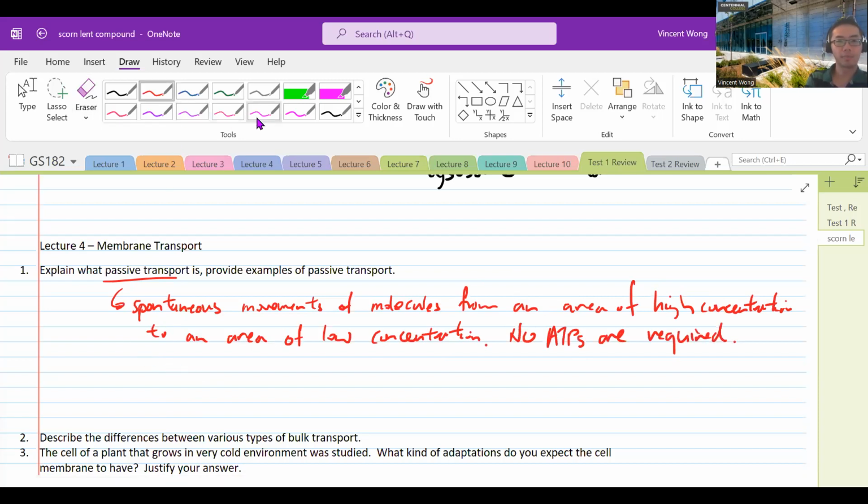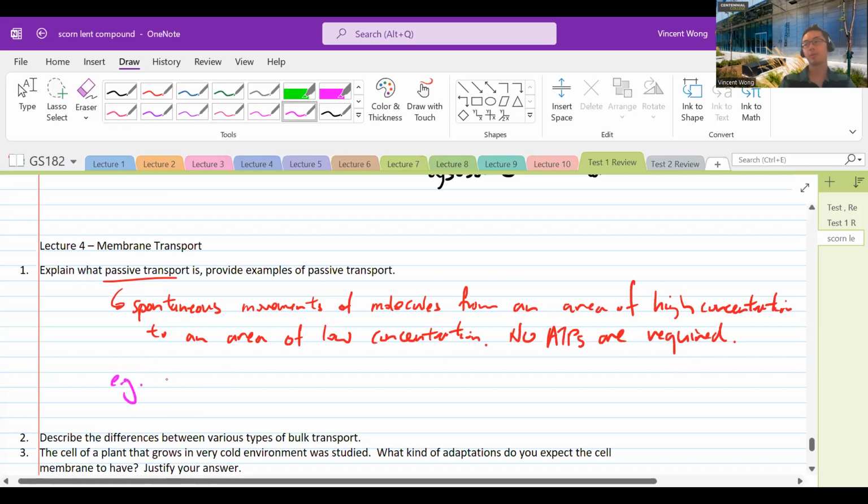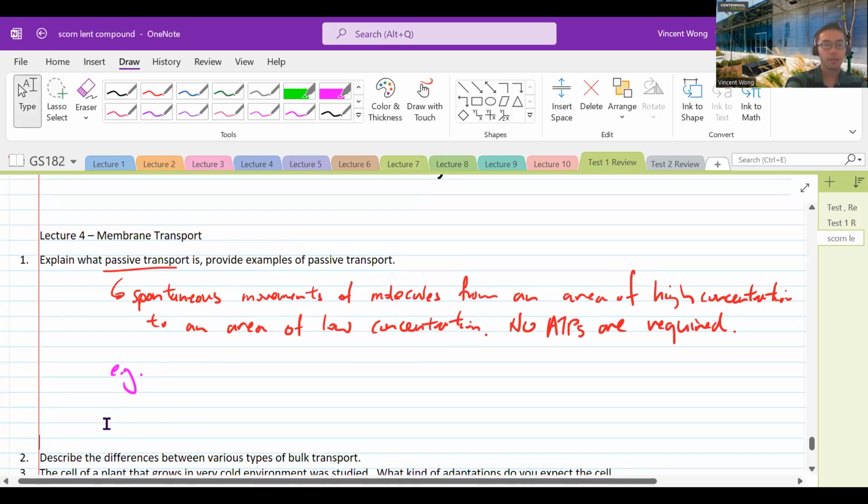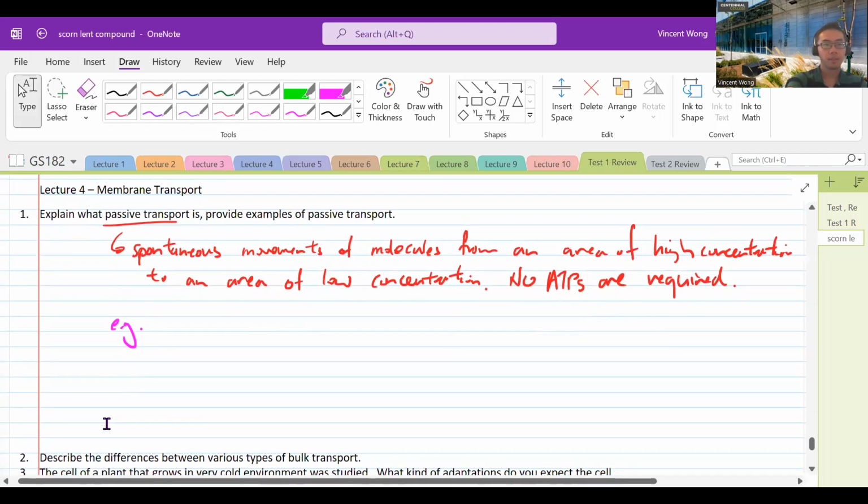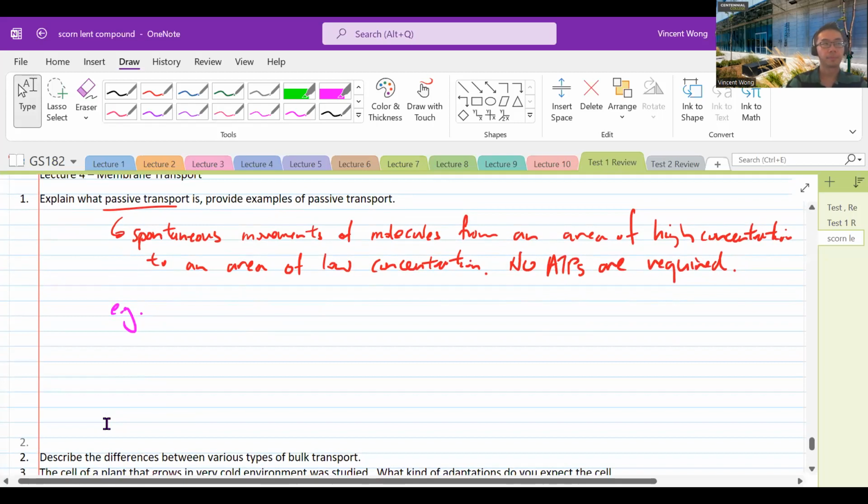So tons of examples that we talked about in class. Please give me some examples. Anyone? Yep, there's simple diffusion. Very good.